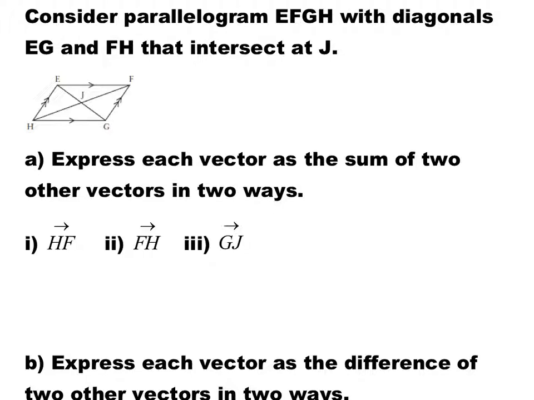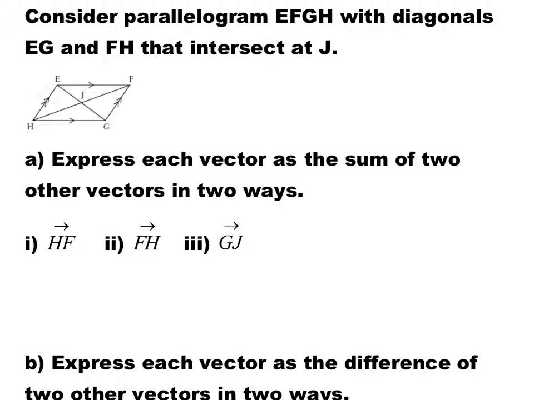In the next example, we have a parallelogram EFGH with diagonals EG and FH that intersect at point J. We're supposed to express the following vectors as the sum of two other vectors in two different ways. The first one is HF. The way I'm going to do it is that I look at the vector HF.